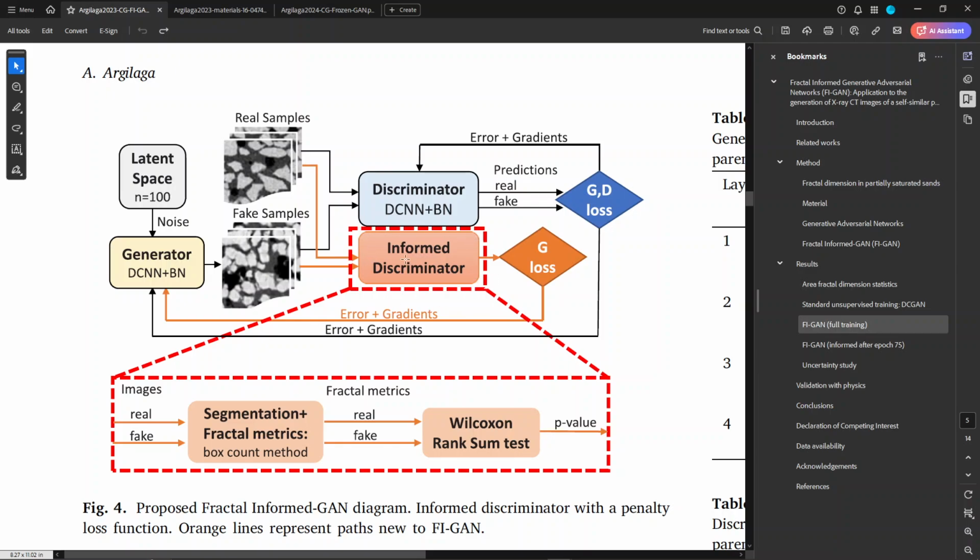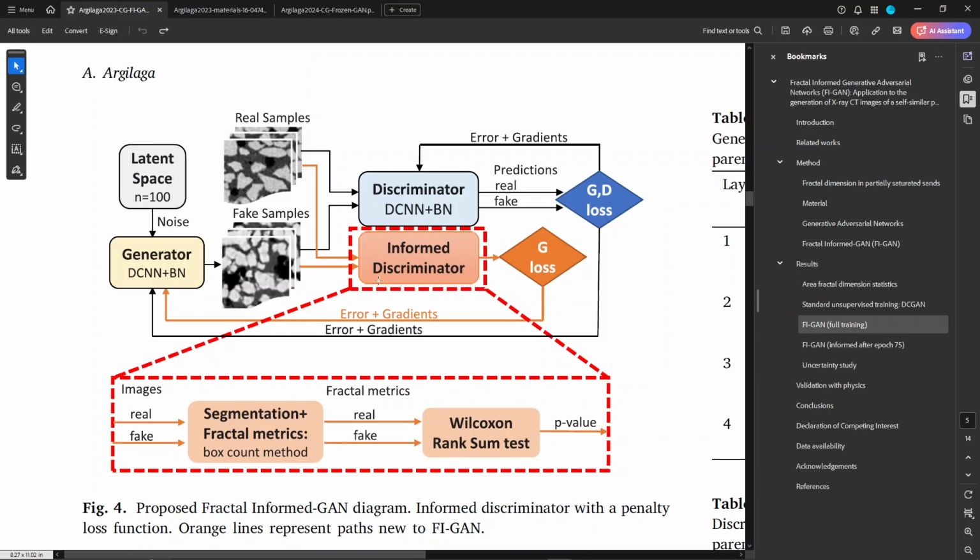with what we call an informed discriminator, which is a discriminator that works in parallel to the neural network discriminator. And this has information about physics, and we will discuss later which kind of physics or information.